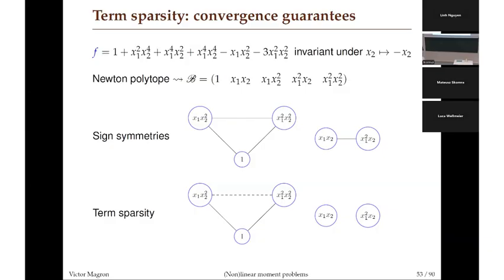If I remember correctly, it's the same for correlative sparsity. You start from a polynomial and then you construct the Hessian. Then you look at the Hessian as a matrix and you look at where you have zeros or not. When you have zero, two variables are not correlated. Yes, exactly, the product.